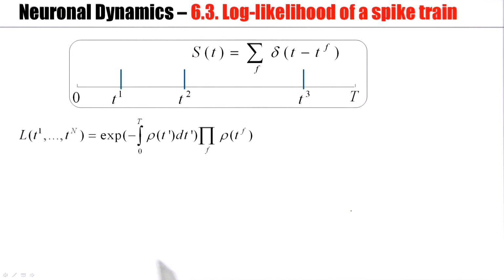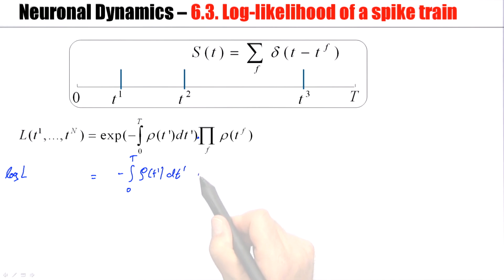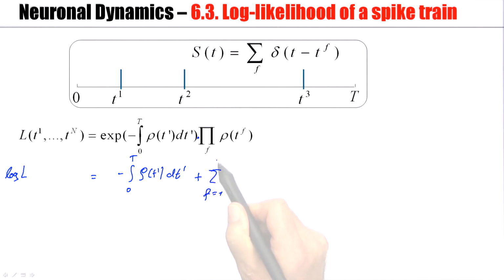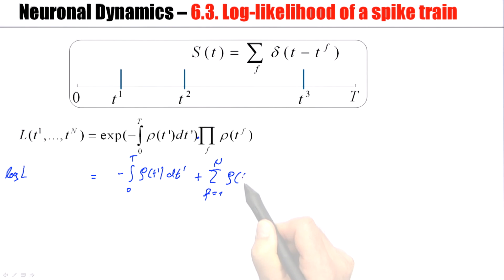Now sometimes the likelihood is not written in this form, but it's transformed to a log likelihood. So if I take the logarithm of this likelihood L, well, the logarithm of the exponential is just the term in the argument of the exponential. Then I have a product. The logarithm of a product gives a sum. In fact, I have many products that turn into a sum over all spikes of log rho of Tf.